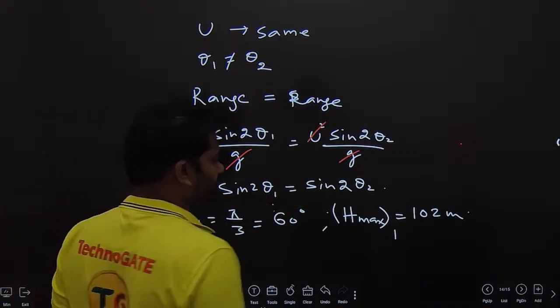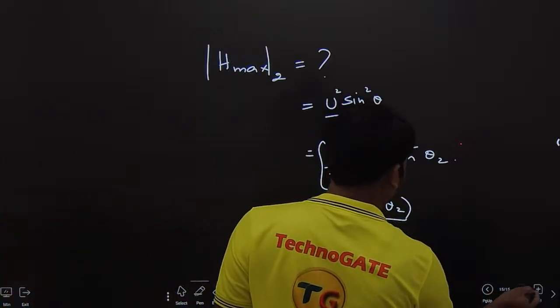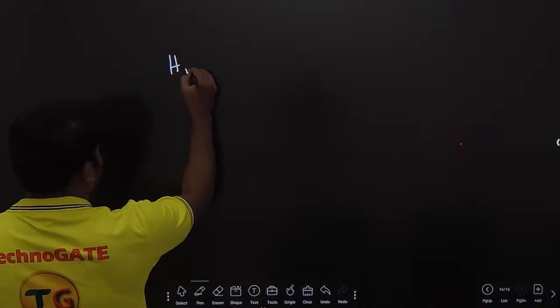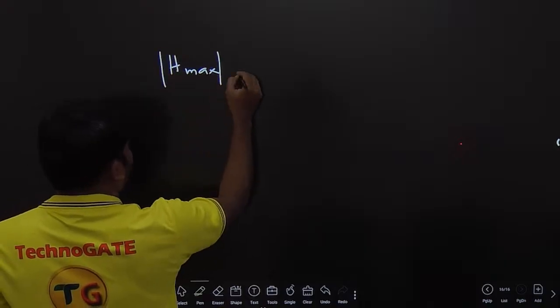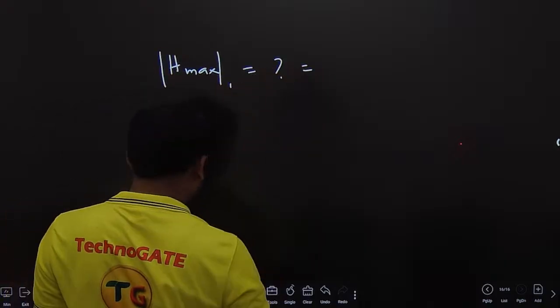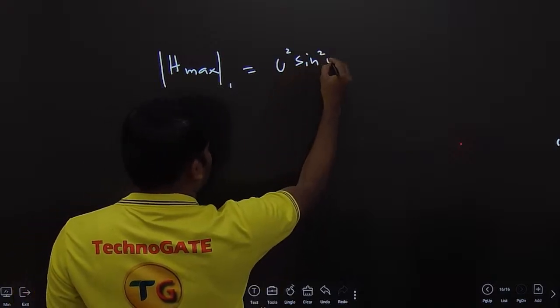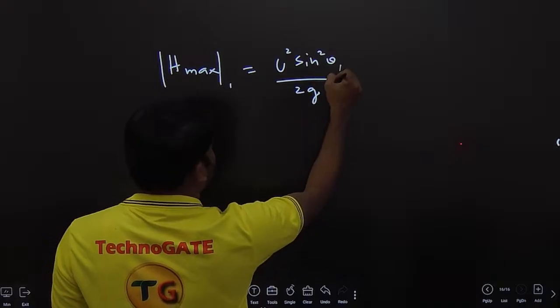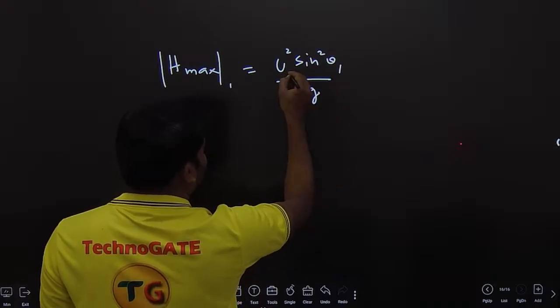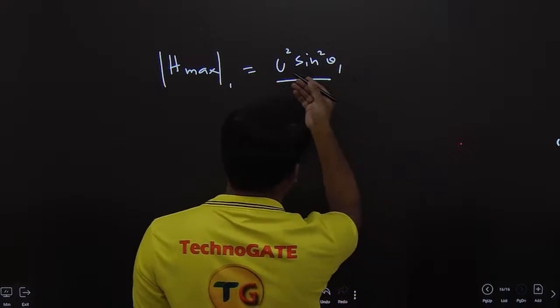So h max is 102. H max 1 is anyway given here. The formula is u square sine square theta by 2g, for the first one. U1 and u2 are both equal, so I'll keep it the same.